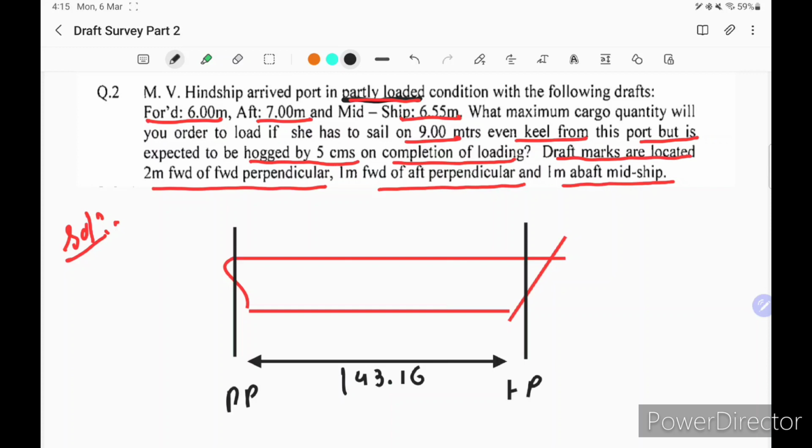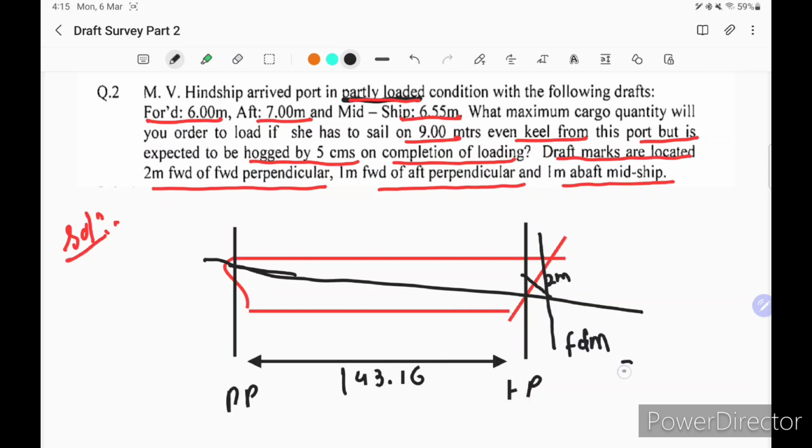Okay, now the draft marks are located 2 meter forward of the forward perpendicular. So 2 meter, this is our water line. So 2 meter forward is your forward draft mark. So here 143.16 plus 2 meter.